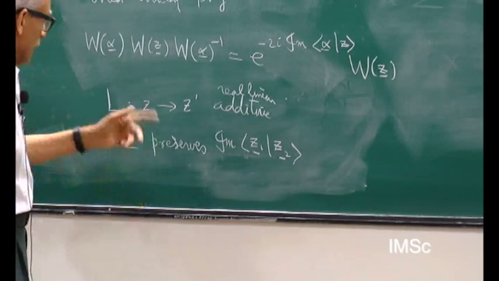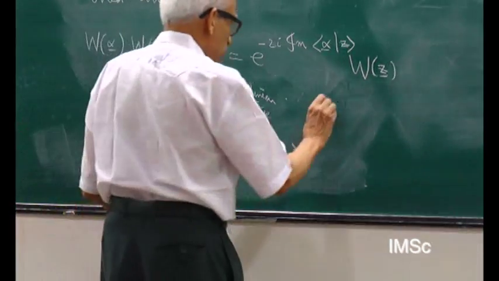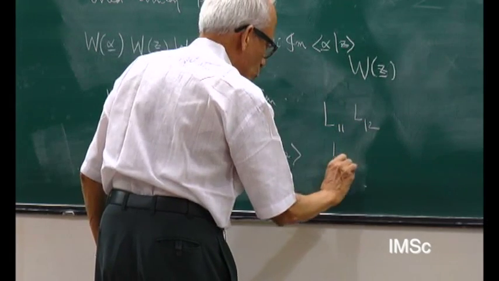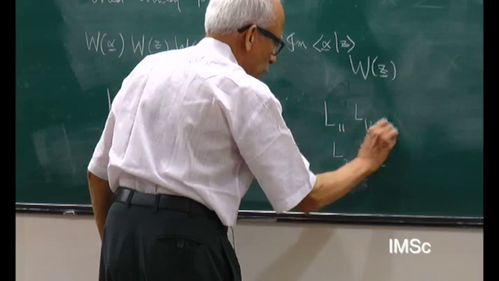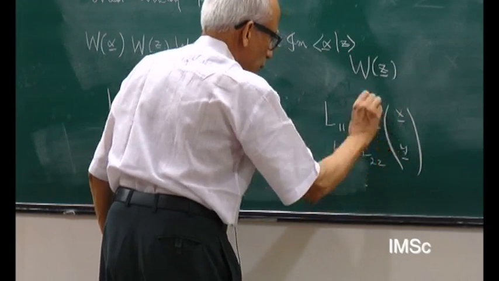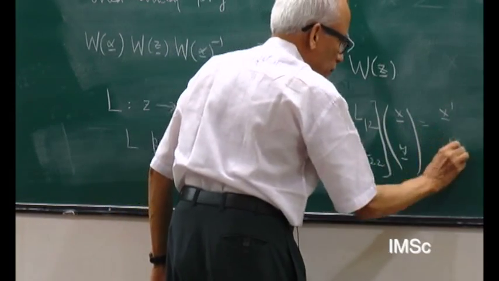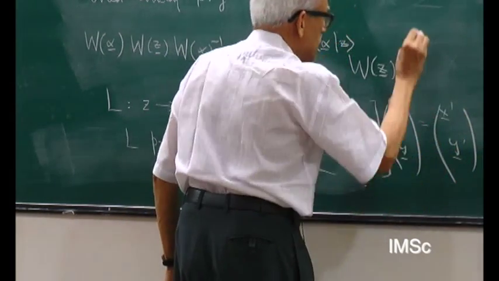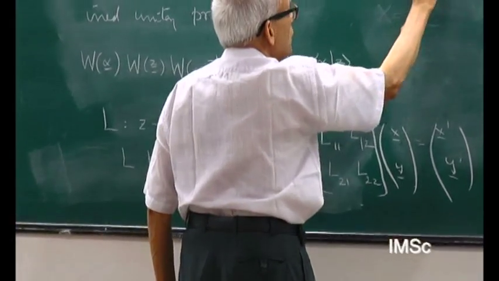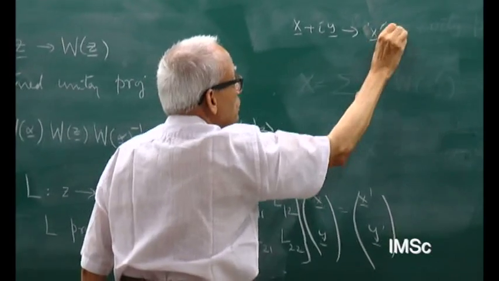But in R^2n, because I am separating the variables, L can be visualized as L11, L12, L21, L22, acting on x, y, and you call this x prime, y prime. Then you consider the transformation x plus iy goes to x prime plus iy prime.